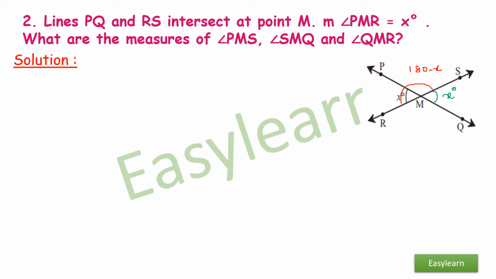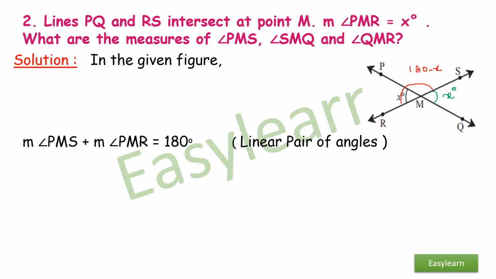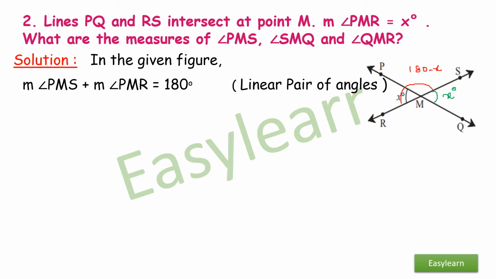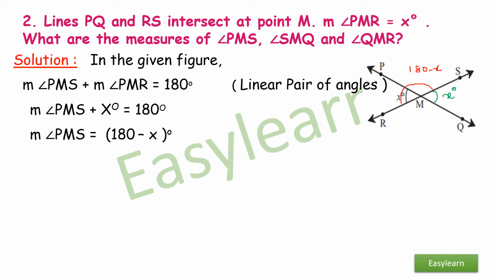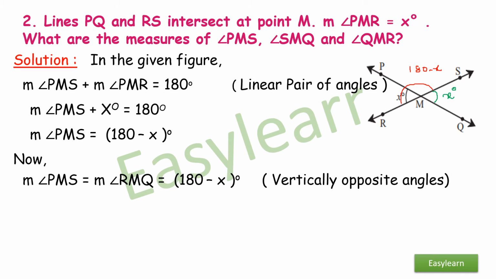So let's see the solution. In the given figure, measure angle PMS plus measure angle PMR is equal to 180 degrees, which is a linear pair of angles. Measure angle PMS plus x degrees is equal to 180 degrees. Therefore, measure angle PMS is equal to 180 minus x degrees. Now, measure angle PMS and measure angle RMQ are equal because they are vertically opposite angles.